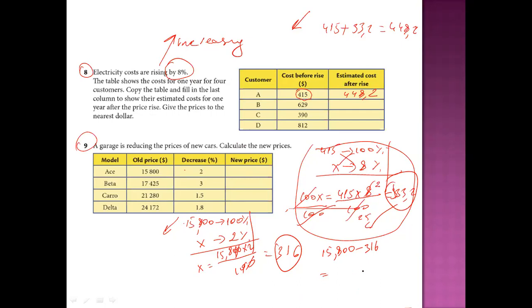So 10 minus 6 is 4, and 9 minus 1 is 8, and 7 minus 3 is 4, 5, 1. And after 1 year, you can buy 15,484. $15,484. Okay, and the others you can follow this way.